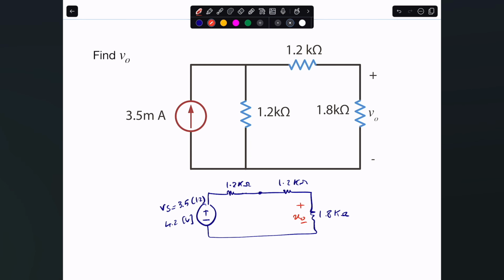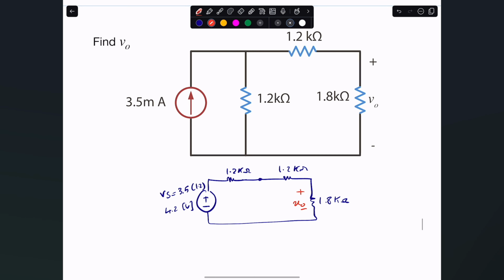The rule gives V naught, the one I'm after, as 4.2, that's the source, times 1.8 divided by the series-connected resistors, which is 1.2 plus 1.2 plus 1.8. And that would be equal to, I believe, 4.2 volts. So we were able to use source transformation to quickly figure this out. These are very simple circuits that we can use it on.